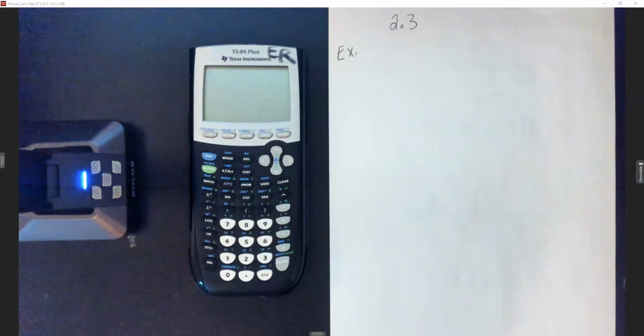Oh, my internet running slow with this Zoom kicking. All right, let's see.